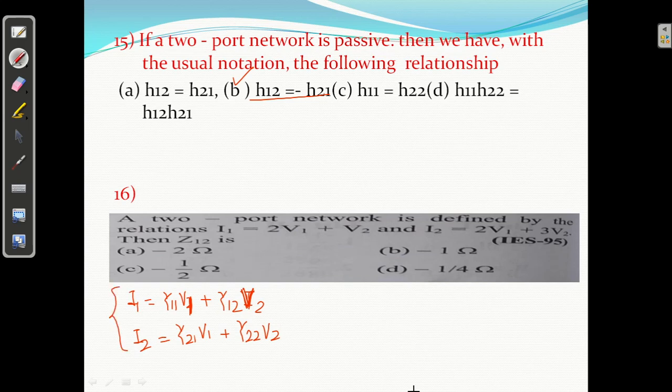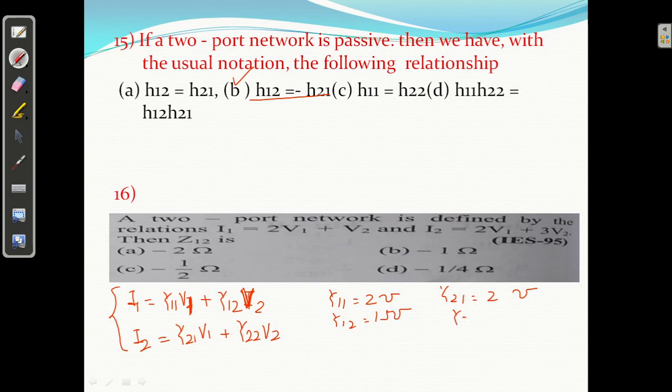So from here you can say, if you compare this equation, so you will get Y11 equal to 2 mho, Y12 equal to 1 mho, Y21 कितना है? Y21 equal to देखो 2 mho, and Y22 देखो I2 equal to 2V1 plus 3V2.